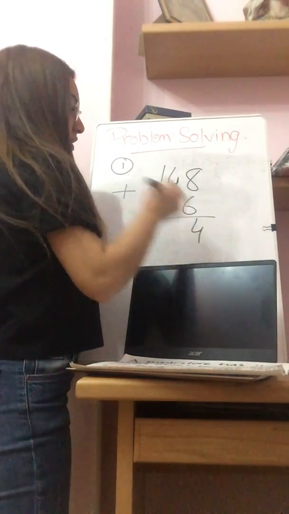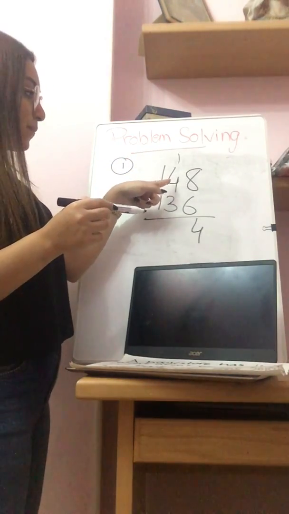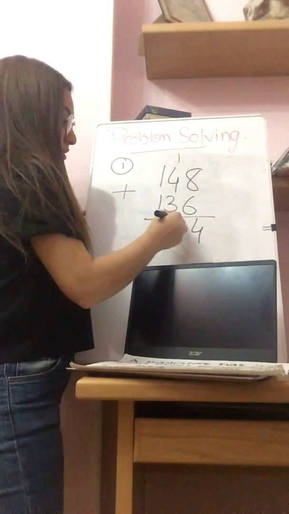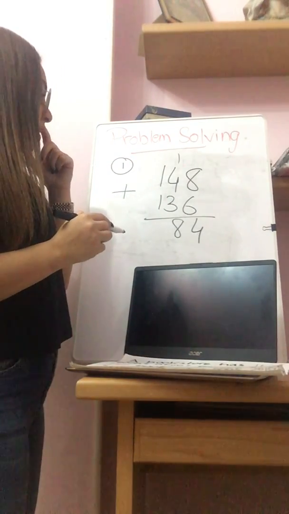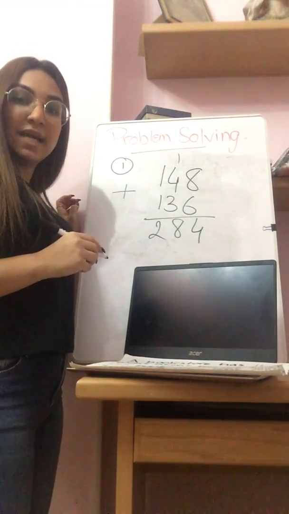So it's 14. The 4 is here, and we will carry the 1. 1 plus 4 is 5. 5 plus 3 is 6, 7, 8. It's 8. Now 1 plus 1 is 2. So the answer is 284.